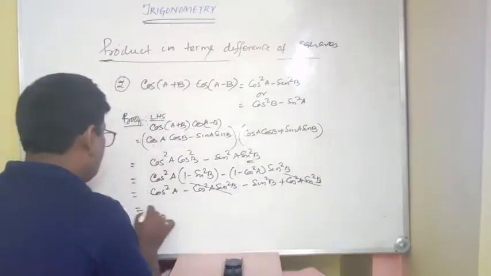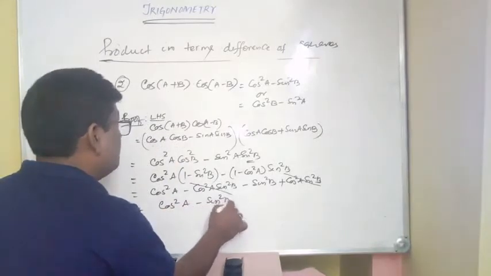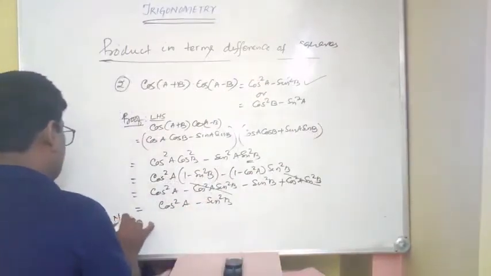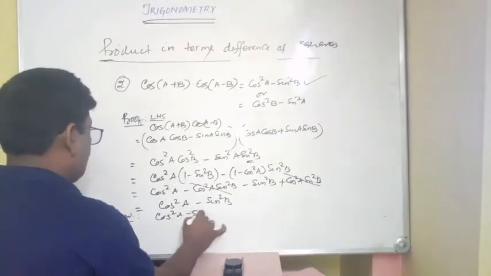So what is here? Cos square A minus sin square B. First formula is proved. Now for the second, cos square A minus sin square B.